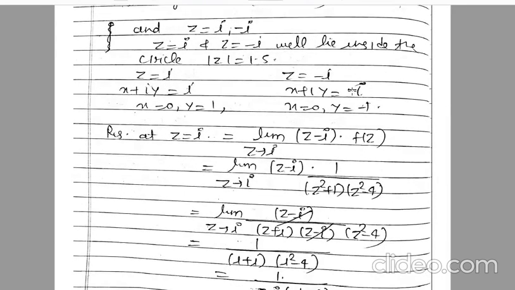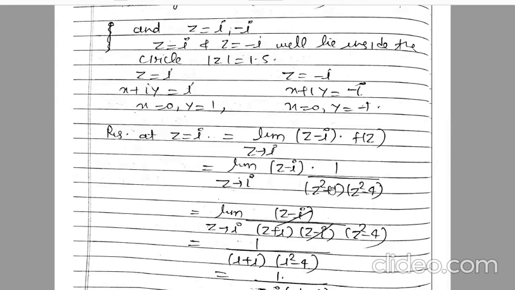Now residue at z equal to I. Limit z tends to I. This is a simple pole, so apply the simple pole formula: (z minus I) into f(z). The z minus I cancels out.